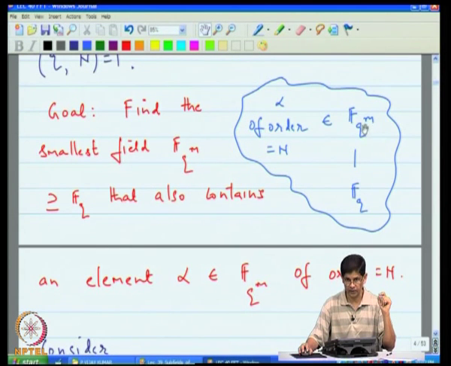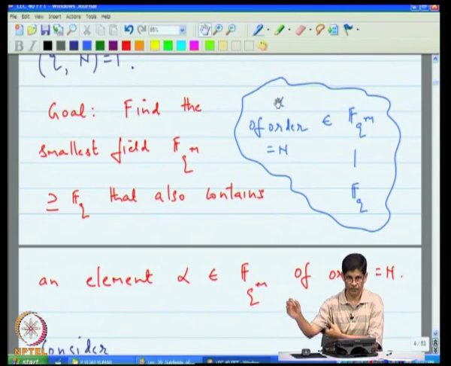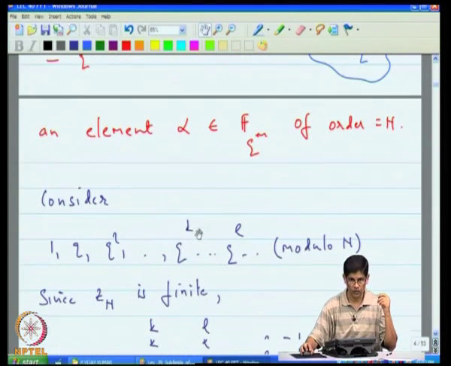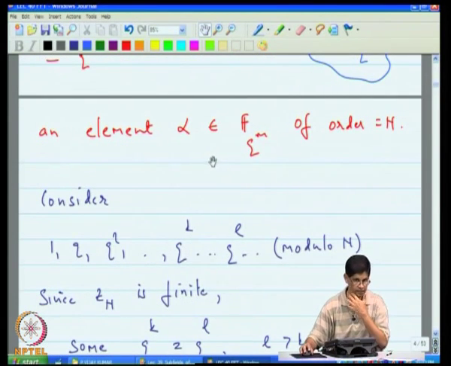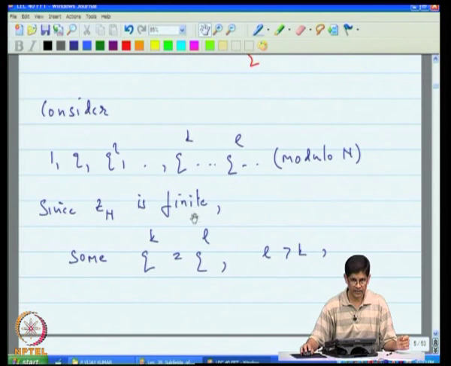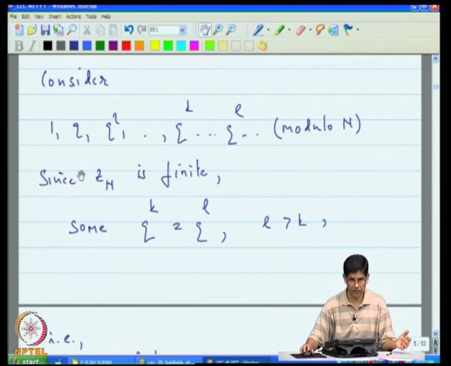You can go up from here to here and be sure that there is a larger field that contains this field and contains the desired element alpha. Our goal is to find this bigger field, and the way you find it is quite easy: you take 1, q, q squared, q cubed, q to the k, q to the l, and keep going, and you do this modulo n.